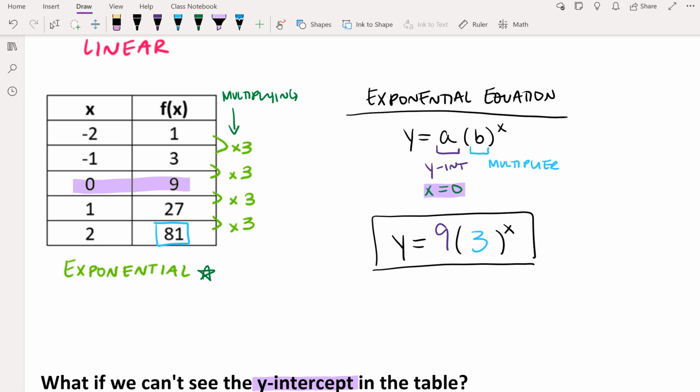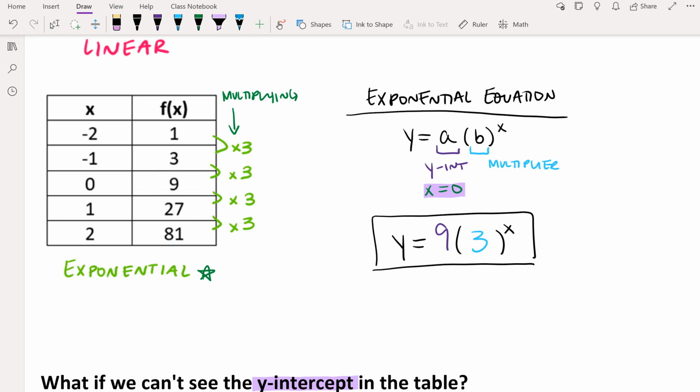So check it out, y'all. We could get this value by doing 81 divided by 3, and that would give me 27. 27 is 81 divided by 3. What if I wanted to go from 27 to get this value? 27 divided by 3 gives me 9. See what I'm doing there?